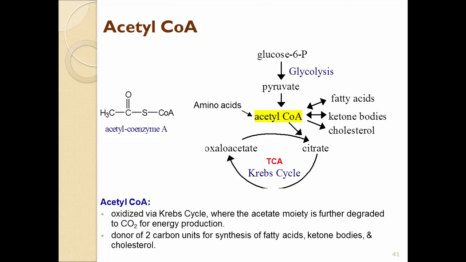And the second pathway: we don't need extra energy, right? So extra acetyl-CoA can also be converted to citrate, and citrate leaves the TCA cycle and goes to fatty acid synthesis, right? So the next slide, I think, will give you a clearer idea.